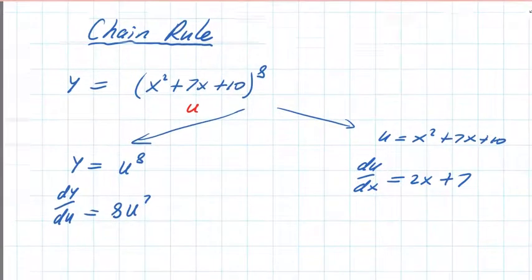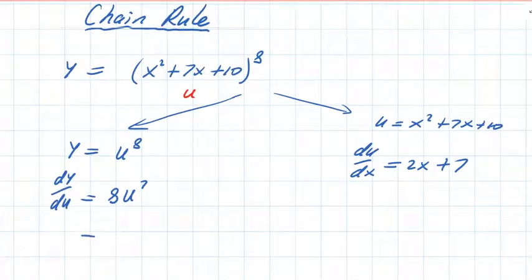And now the last step over here. u is our own concoction. We brought it in to divide and conquer, as I said. So we use and abuse u, as I call it. Once we've used the u to get what we want, we put back in what it was in the first place, which is x squared plus 7x plus 10.